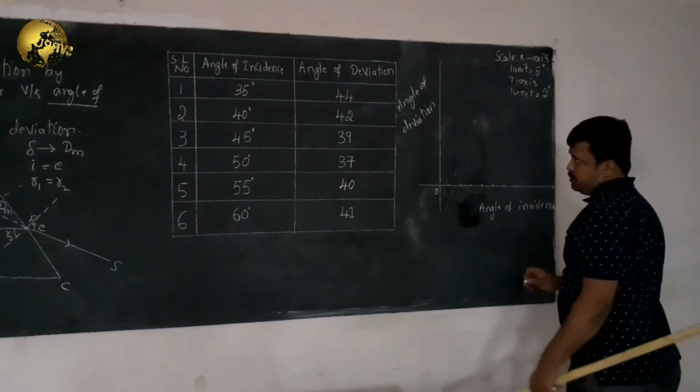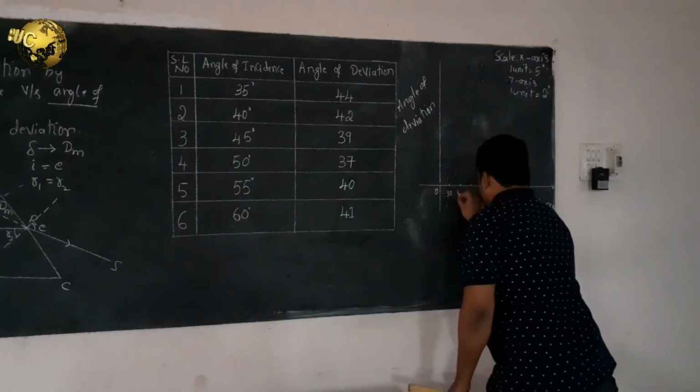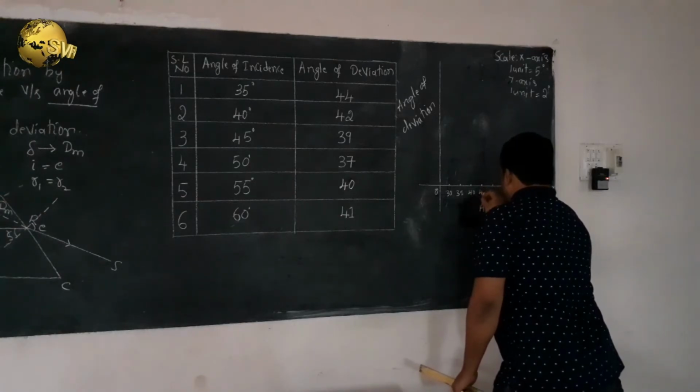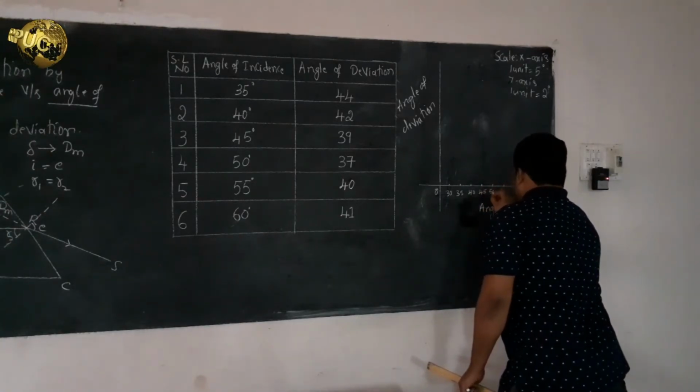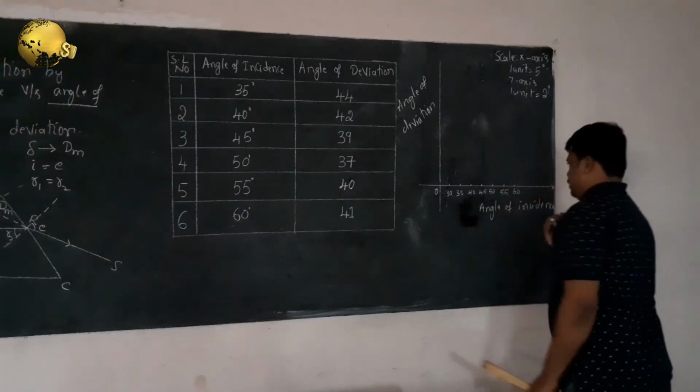So 1 unit on the x-axis is 5 degrees. Let me start from 30, 35, 40, 45, 50, 55, 60.